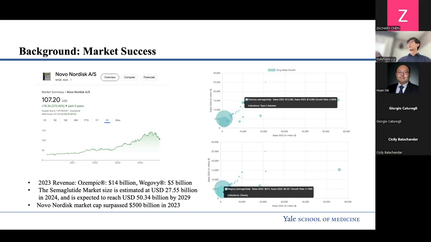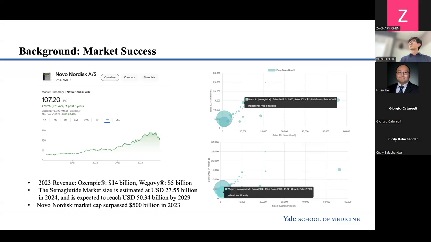As you can see, in the past 5 years, the stock rocketed. Maybe not as good as Tesla, but that's huge. And in 2023, the revenue for Ozempic was $14 billion, and Wegovy was $5 billion.